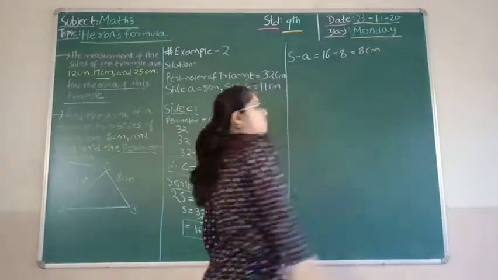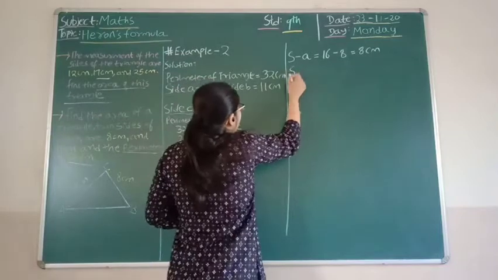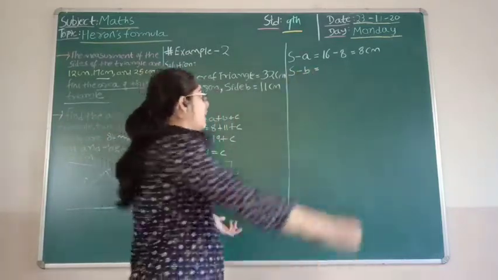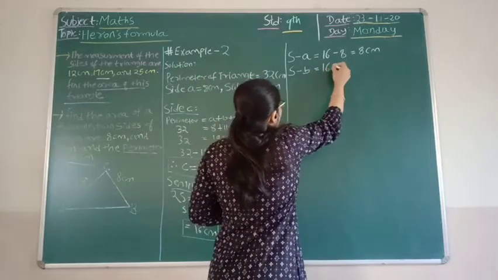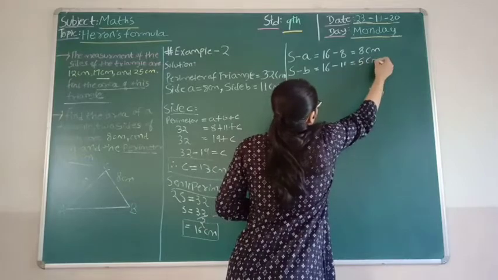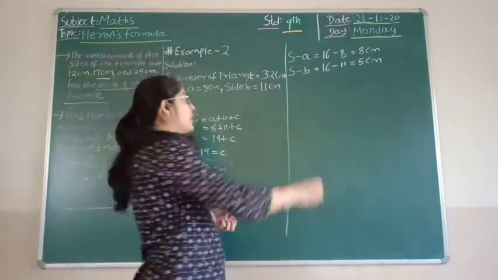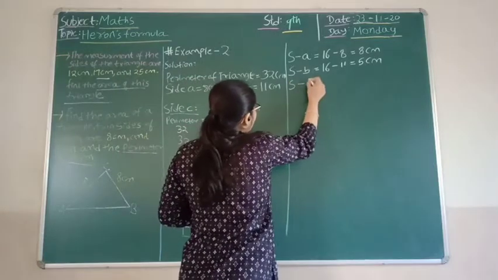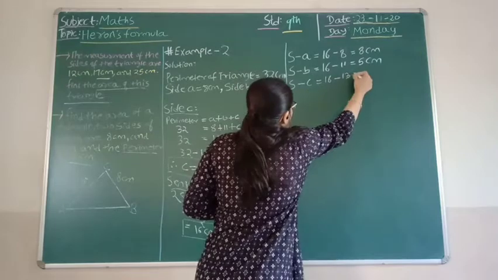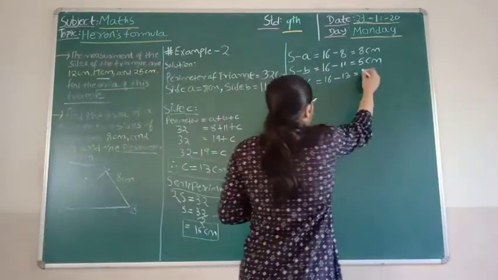Centimeter. Similarly, we will go for S minus B. That is equal to 16 minus 11, which is equal to 5 centimeter. And if we go for S minus C, it is 16 minus 13, which is equal to 3 centimeter.